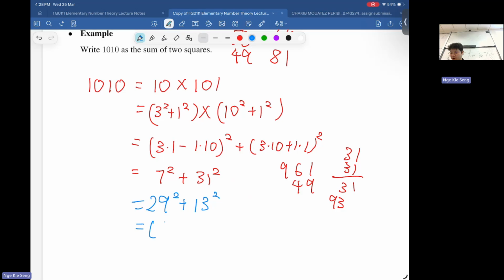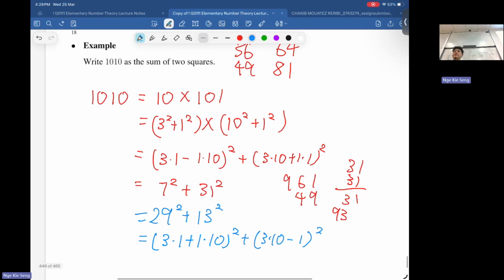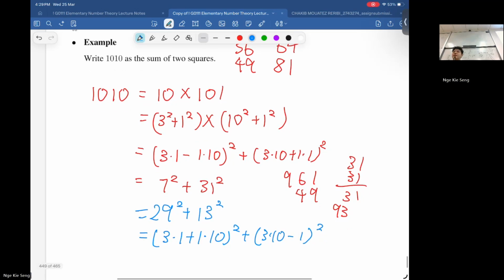So you get this one plus this, and then this one minus this. Okay, how about the rest? You get different solutions. Any other solution you get?